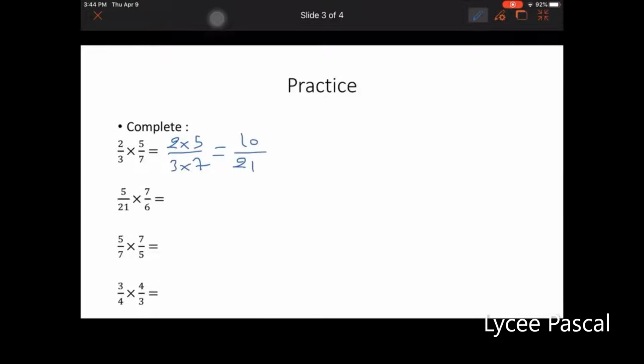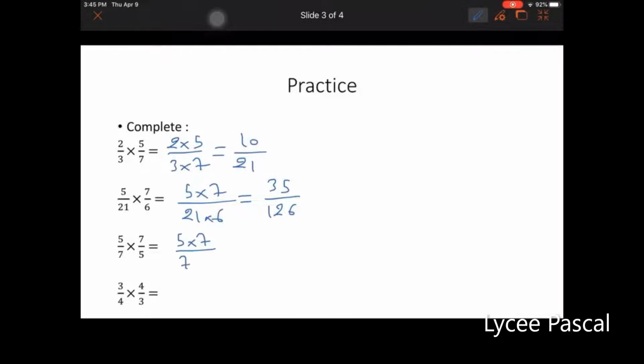The other one is the multiplication of the numerators, 5 times 7 over 21 times 6. So 5 times 7 is equal to 35, and 21 times 6 is equal to 126.